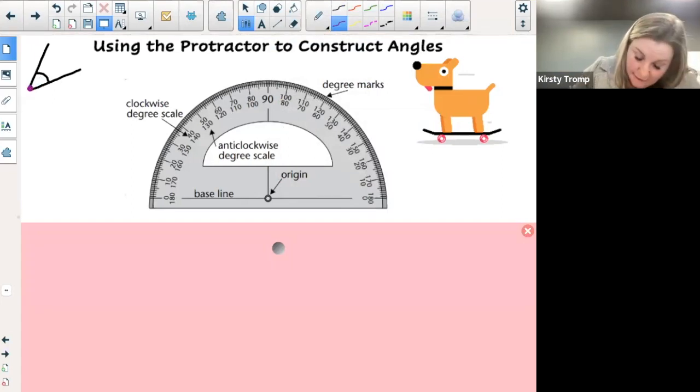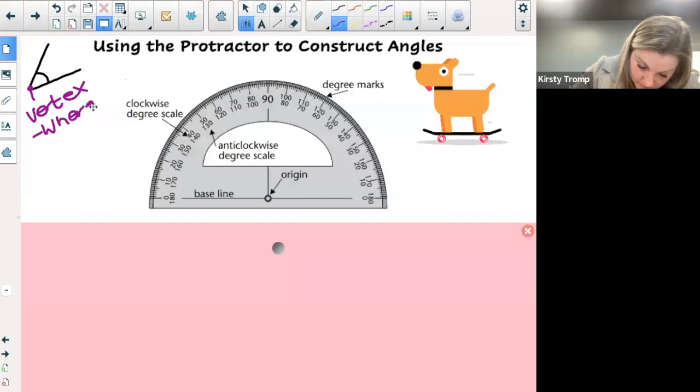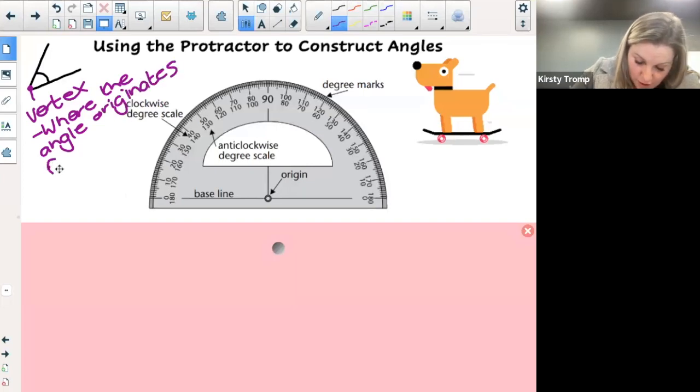A vertex is where the angle originates from. Or you could say it's where two lines come together to form an angle.